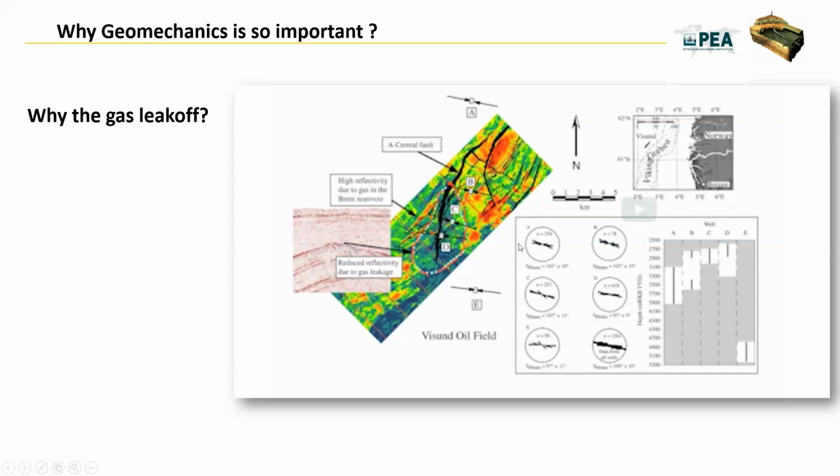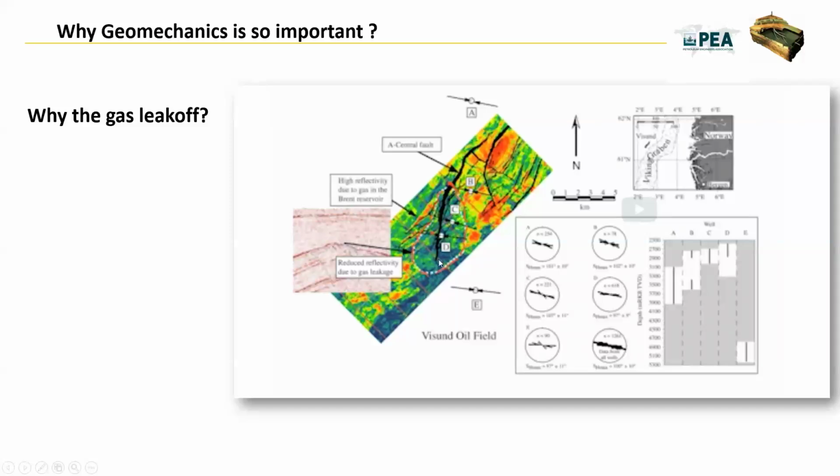Here is the proof of the reactivation: we have present-day stress reorientation due to fault reactivation. The fault has been reactivated, and the gas has leaked from this reservoir to the formation above. But in this area, the gas has not leaked off.